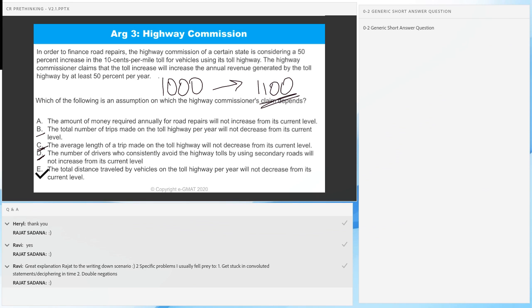What could compensate for more drivers avoiding the toll highway? Both more trips or longer trips, right? Both B and C could compensate for more drivers avoiding the toll highway. Is that clear?